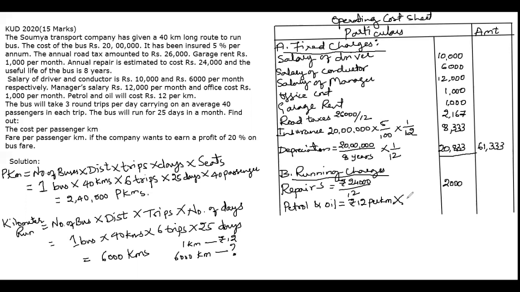So when we multiply, rupees 12 into 6,000 kilometers, it comes to 72,000. So these are the items which are to be added here. So this is 74,000. The total will be 74,000.